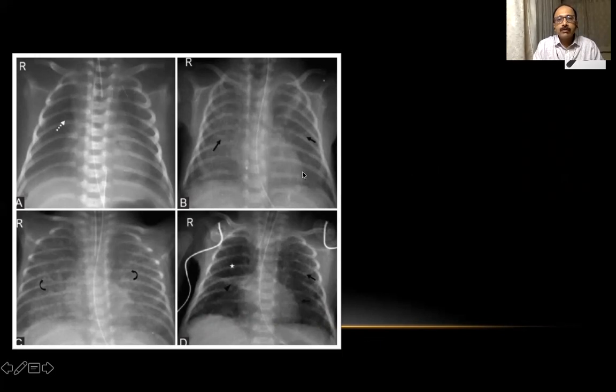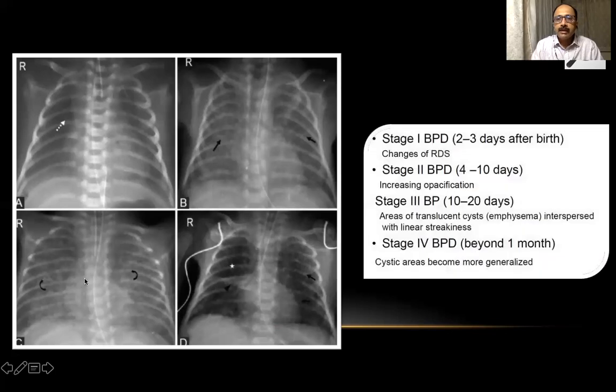The cardiac silhouette has become indistinct, and in addition you find changes which show transient cysts interspersed with bilateral diffuse linear streakiness, and ultimately these cystic areas have become more obvious.